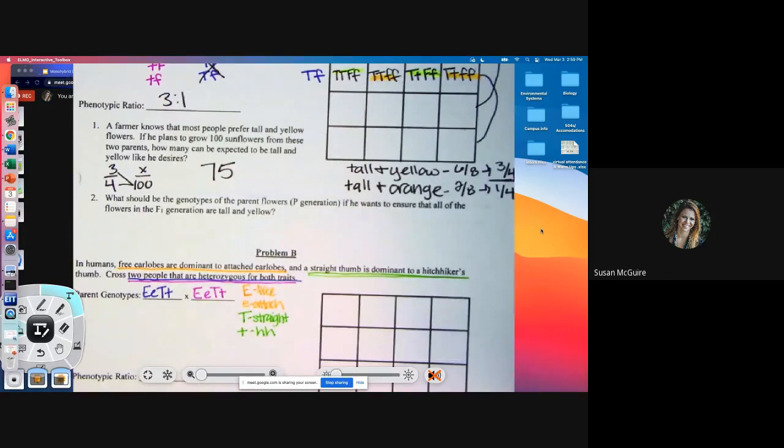So for problem B, what would our combinations be for our alleles?